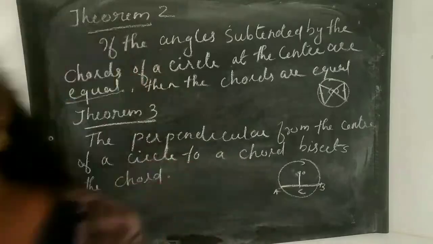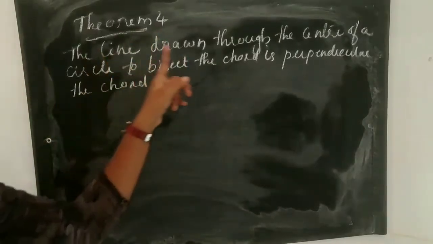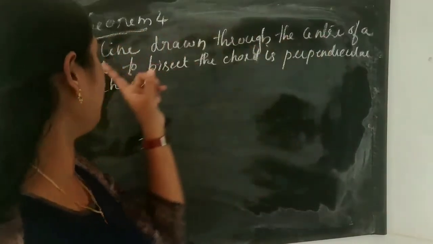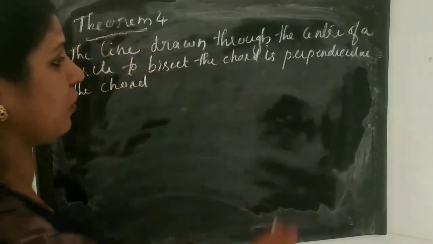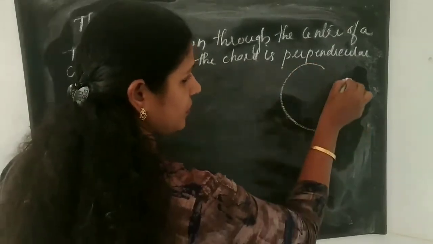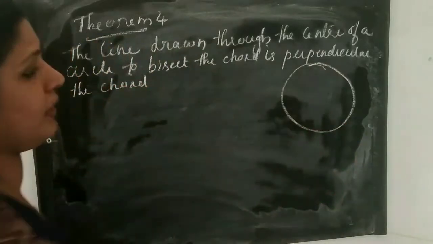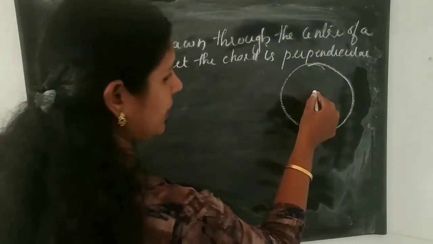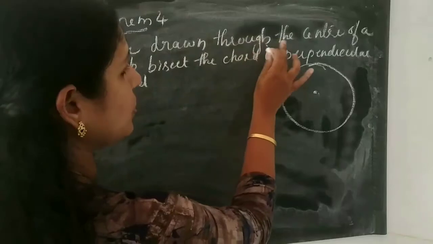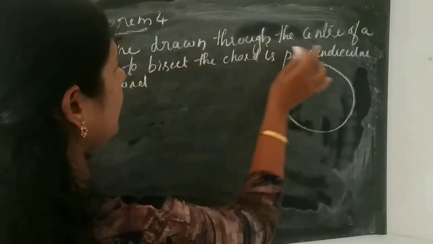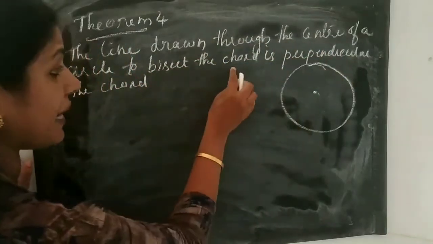Now theorem 4. The line drawn through the center of a circle to bisect a chord is perpendicular to the chord. So here we draw a circle and here it is the center. The line drawn through the center to bisect the chord.